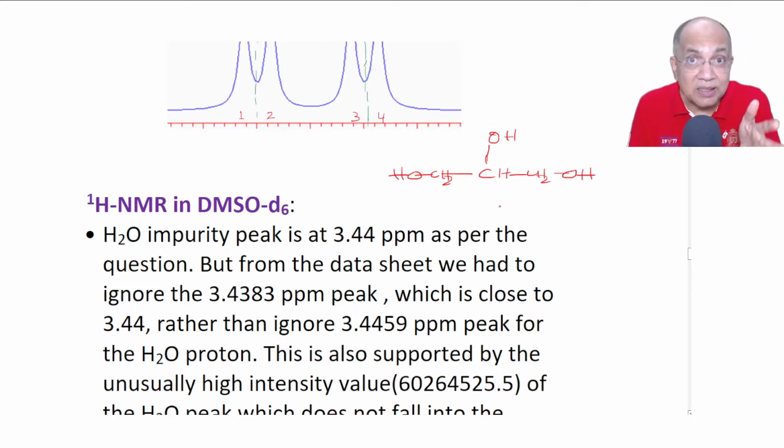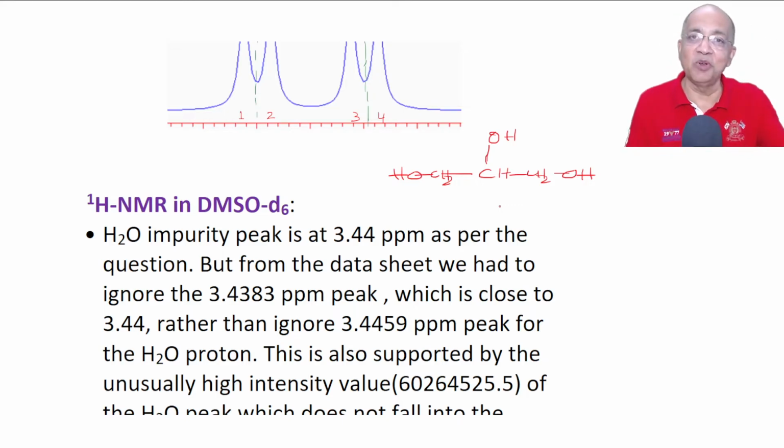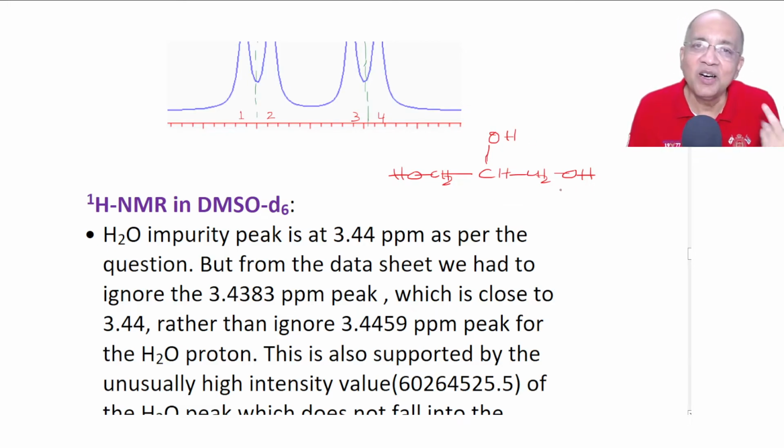DMSO-D6 is not exchangeable deuterium. So the D of D2O is exchangeable with OH, but DMSO-D6 deuterium is not exchangeable. So all these are in their original OH format.